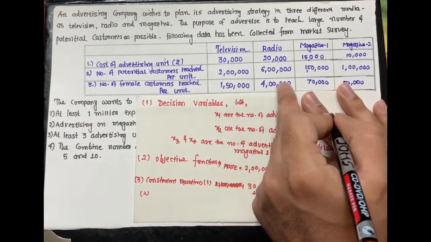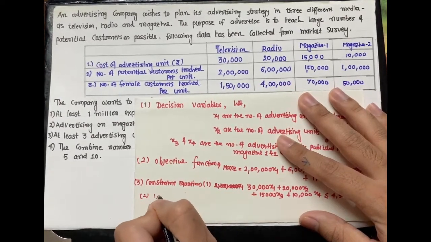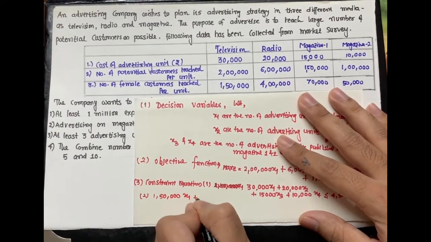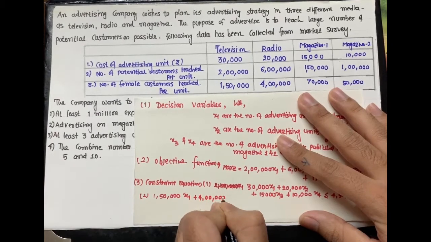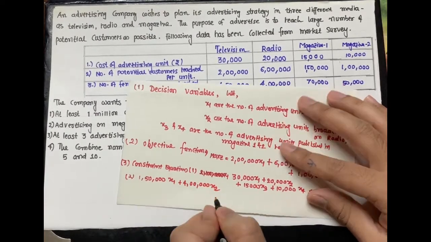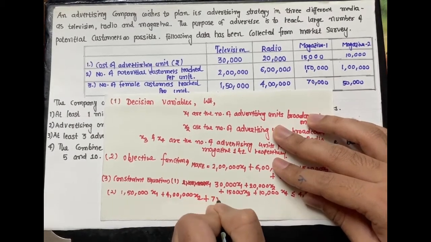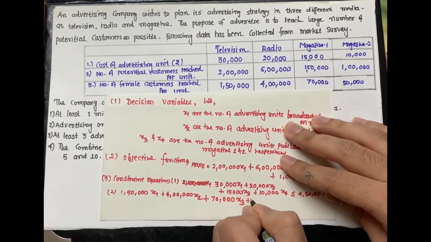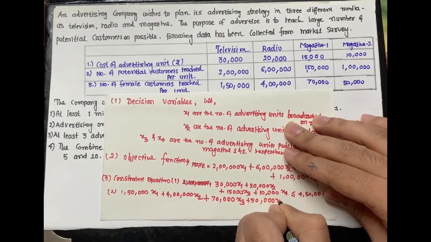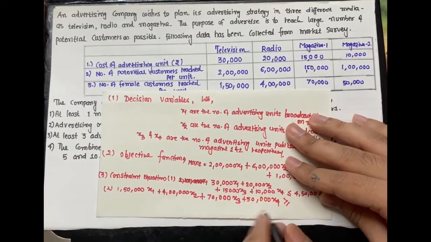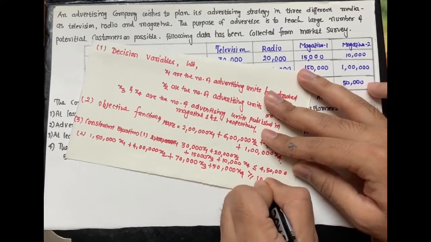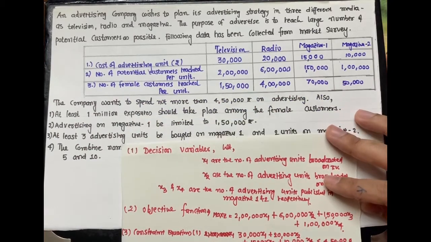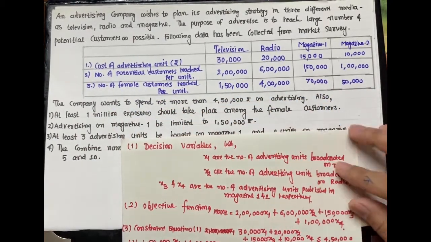For females, it is mentioned over here: 1,50,000 into x1 plus 4 lakh into x2 plus 70,000 into x3 plus 50,000 into x4 should be greater than or equal to 1 million, 10 lakhs. This is the second constraint equation, related to female consumers.